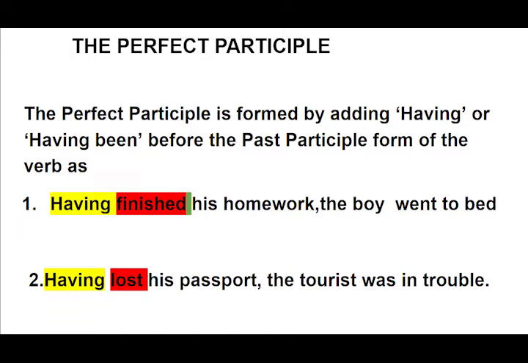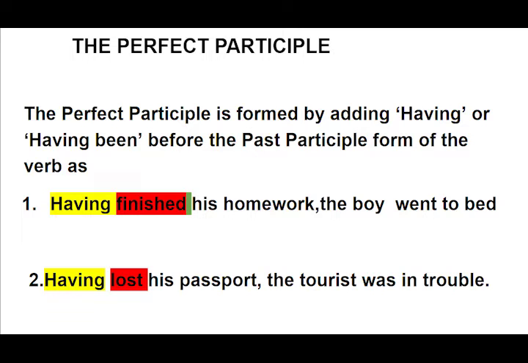For example, look at the sentence. Having finished his homework, the boy went to bed. Here, the past participle is finished. So, having is added before the past participle to form a perfect participle.